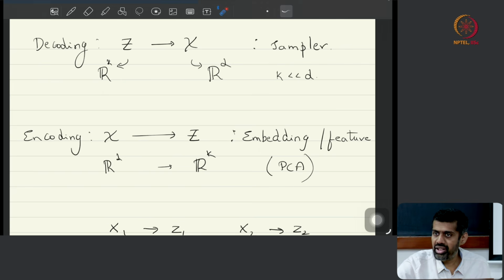They cannot give you embeddings or representations; they can only sample. An encoder-decoder model would handle both directions. An encoder-only model, PCA for instance, only gives you one direction of projection, from data to the latent space, not the other way around. So, that is the terminology.